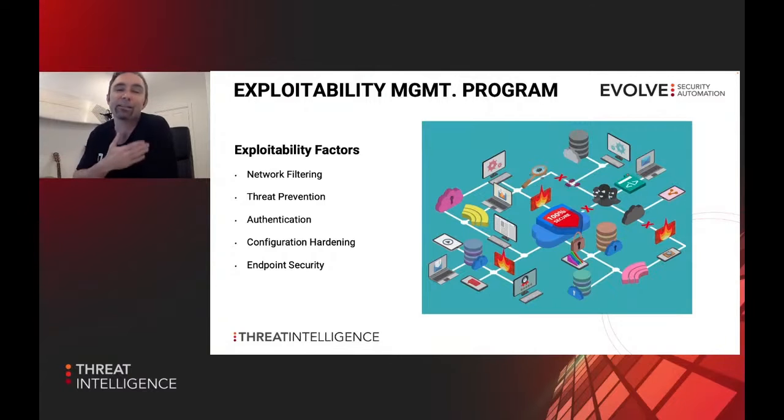So you might find that you cannot exploit a vulnerable system on port 80 over HTTP, but if you send it over HTTPS, it goes straight through the threat prevention and exploits the system. So that's an exploitability factor.